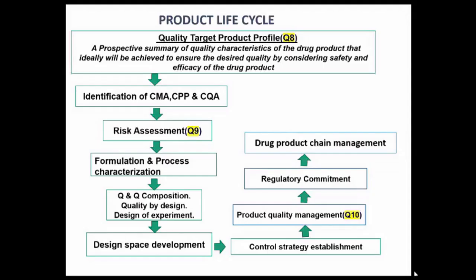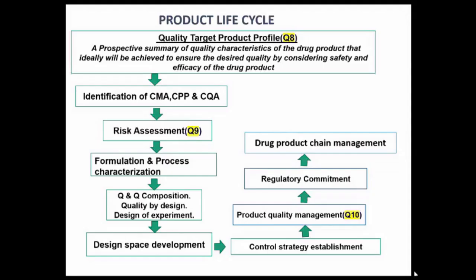Once again, I'll tell this flow chart. QTPP, quality target product profile defining, identification of CMA, CPP, and CQA, and risk assessment Q9. For quality target product profile, you have to follow Q8 pharmaceutical development guidelines. Risk assessment, ICH Q9 guideline.